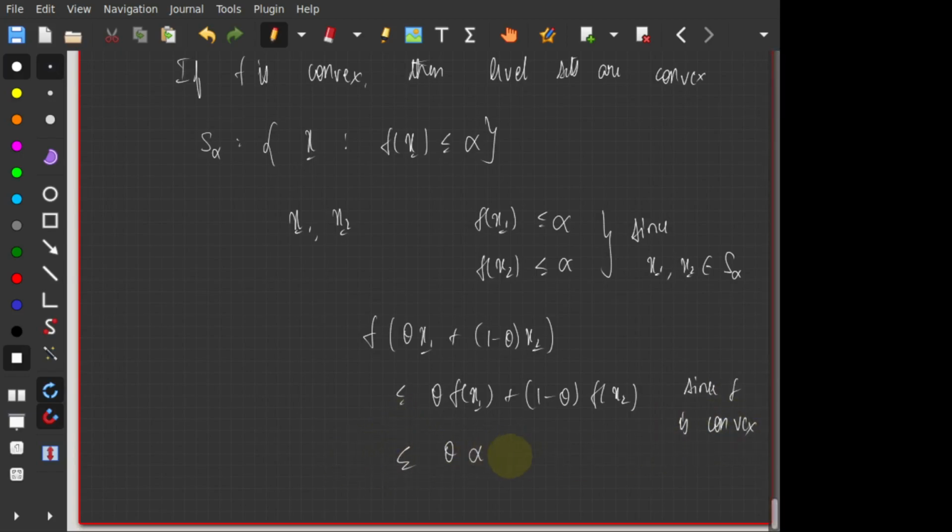But this is less than or equal to theta alpha plus 1 minus theta alpha, since x1 and x2 are in S alpha. Any questions? Okay.